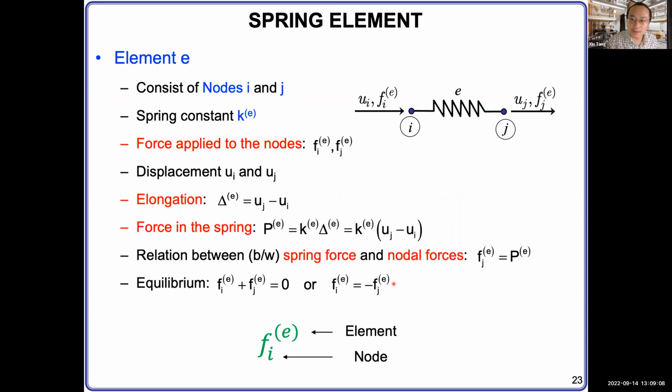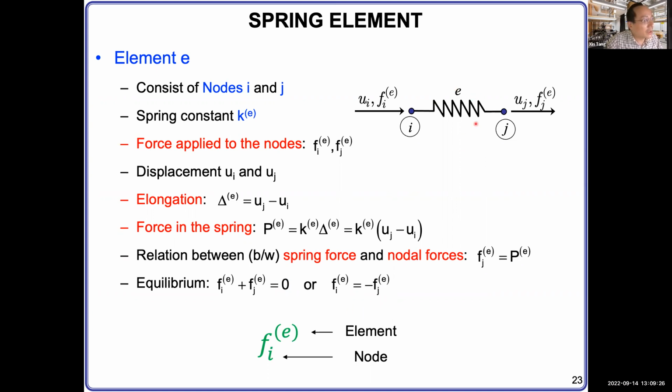Many students will need some time to get familiar with this process, so I hope you think through it. Then you will not make a slight error during the computation. So this is from the force equilibrium.